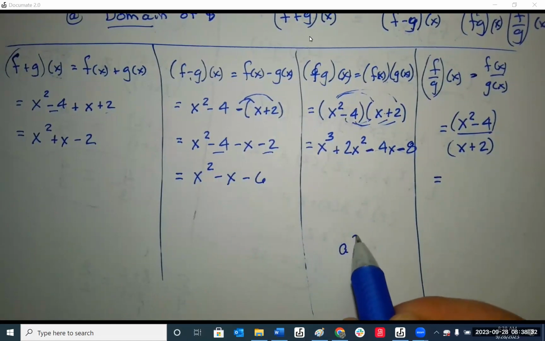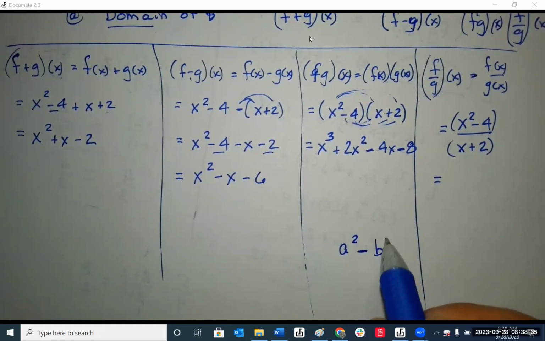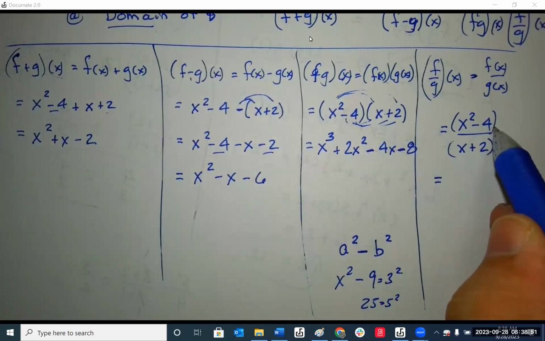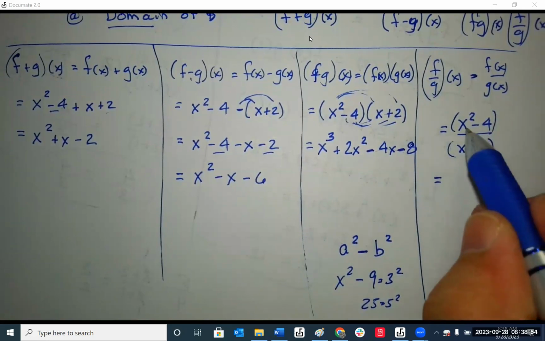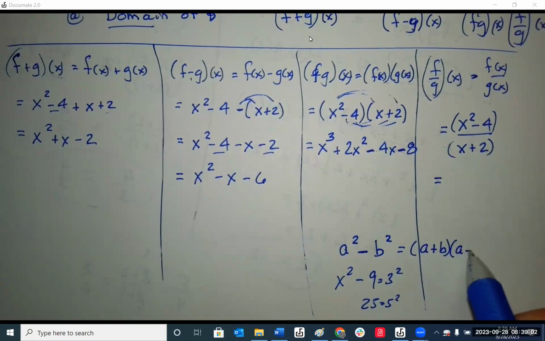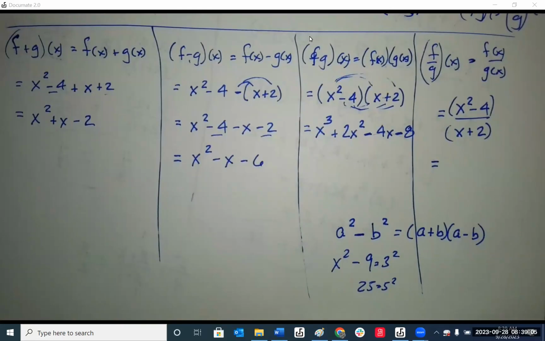If we have two numbers that are perfect squares, like x squared, that's a perfect square, and 9. 9 is made up of what? 3 times 3, so it's 3 squared. Or 25, which is 5 squared. Is 4 a perfect square? Yeah. So if we have x squared minus, this would be 2 squared, we can break it up into that. It's called factoring, which we'll get to later on in this course, but they threw it in too early.